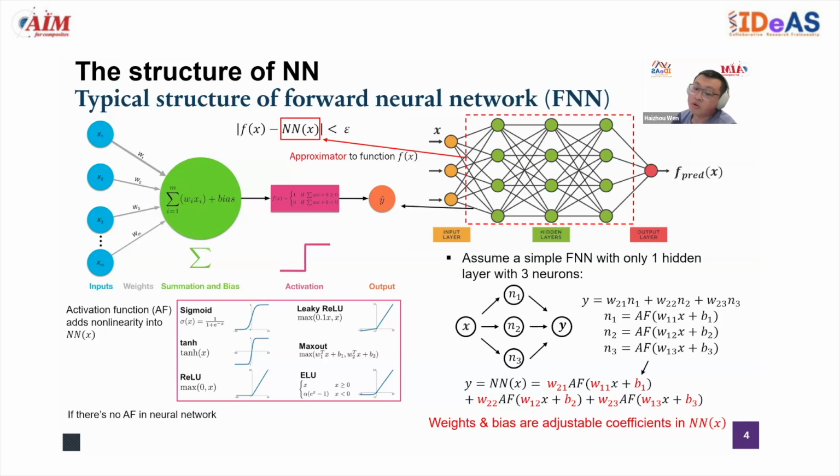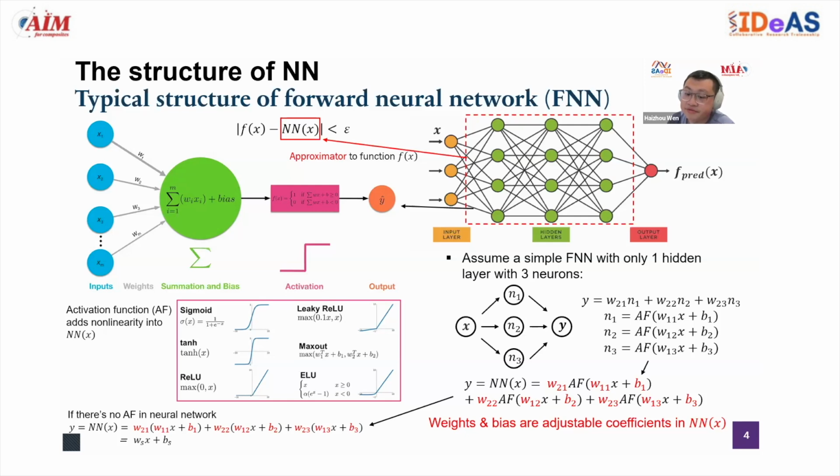If you think about it, if we don't assign an activation function to the NN, what would the NN equation look like? It would look like this in the simple example of our 3 neuron FNN. If you just simplify it, it makes no difference to a common linear regression.